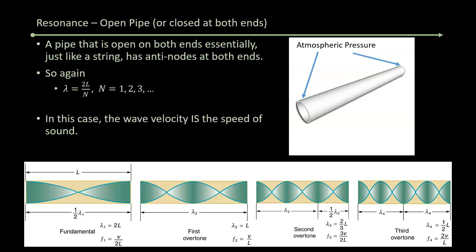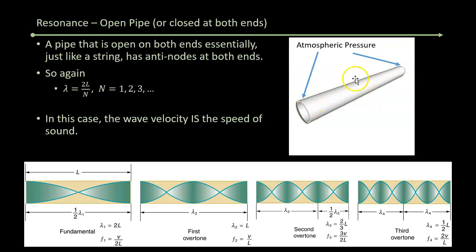Other types of resonance: you can have a pipe that's open on both ends and get it to resonate. Here, the pressure has to be atmospheric on one end, and on the other end, the pressure has to be atmospheric. In the middle, it can change. If you think of each end as a node in terms of pressure, you can quickly see this is going to be just like a string.